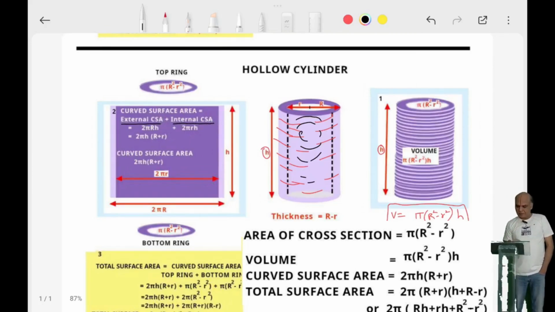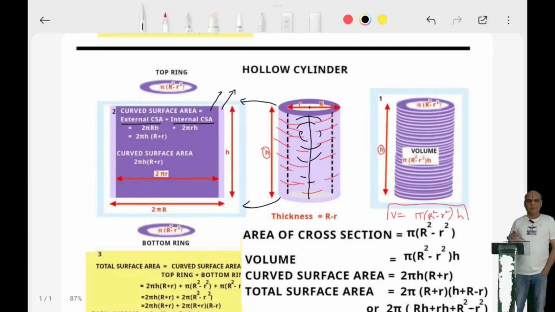So when I cut the cylinder vertically and project it, this would form rectangles. In fact, two rectangles. The darkened purple represents the internal curved surface area and the lightened purple rectangle represents the external curved surface area. So as usual, the circumference of the external circle would be given by 2 pi R and the height is h.